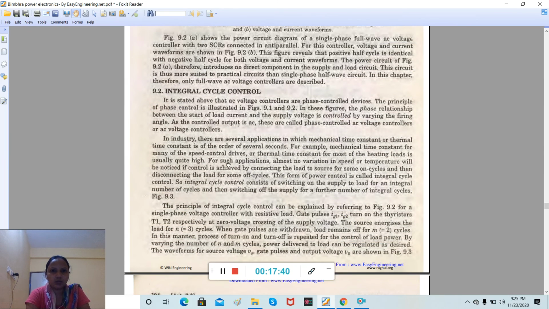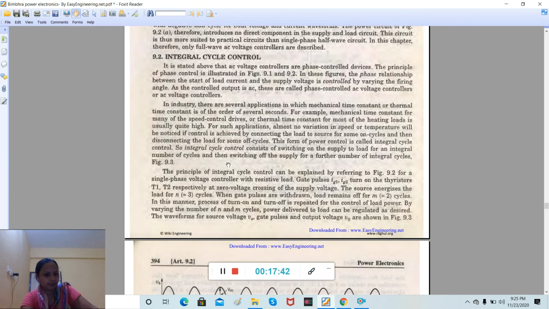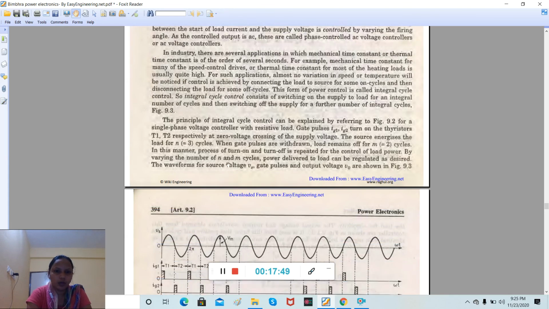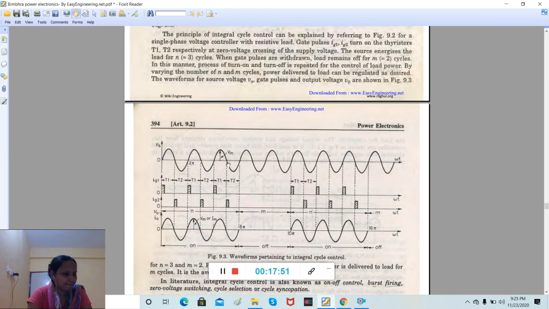In integral cycle control, what happens? We get the output for n number of cycles, then the circuit is off for m cycles, and again we get the output for n number of cycles, like this.